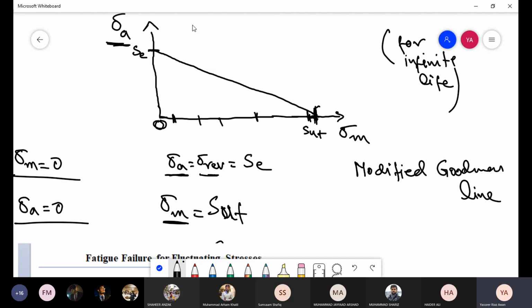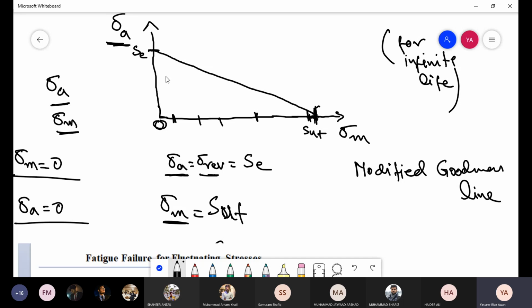So that means that in any stress situation you are given, what does this criterion mean? First you calculate the sigma A and sigma M, obviously using the fatigue stress concentration factor.